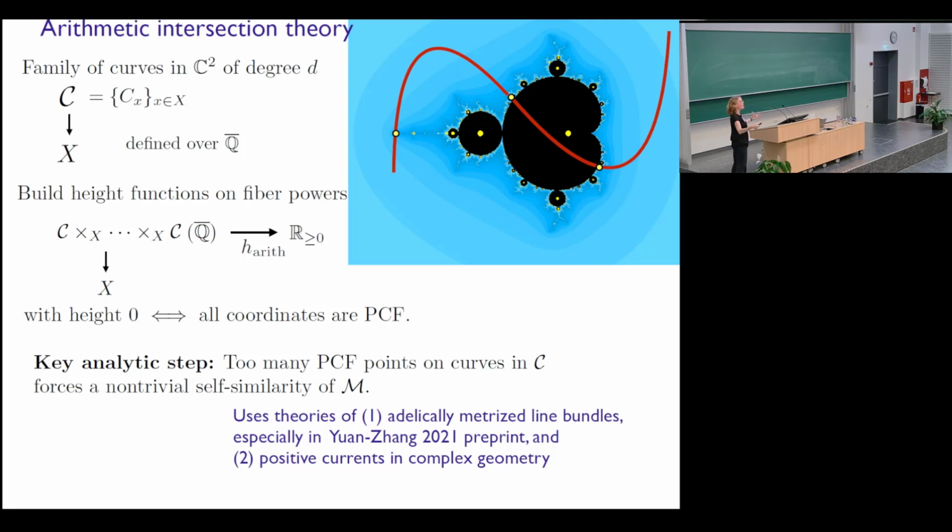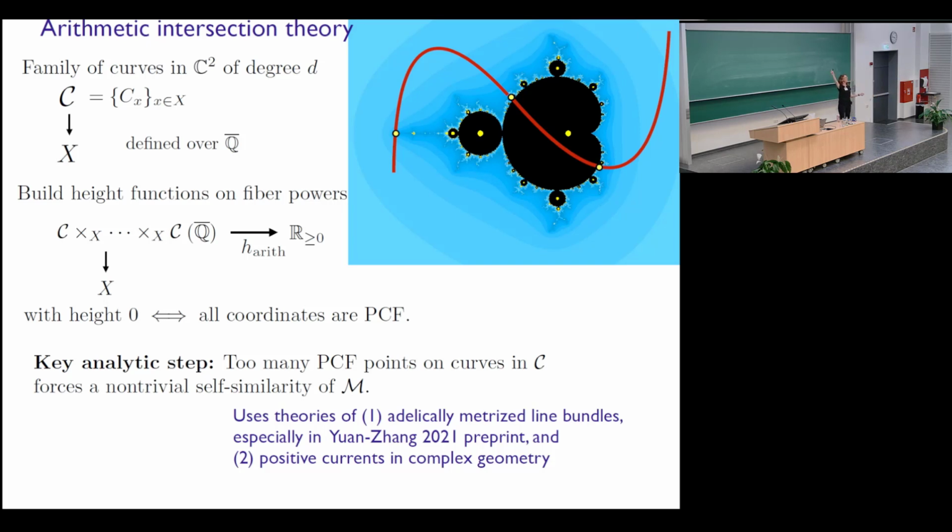And not just when you take all of them, when you just take some of them and you look at their Galois orbits. So they, together with their Galois conjugates, are uniformly distributed. We work over a number field, we take the Galois orbit over that base number field, and we get lots and lots of points, not just the ones we found, but maybe many, many more, enough to become dense on the boundary of the Mandelbrot set.